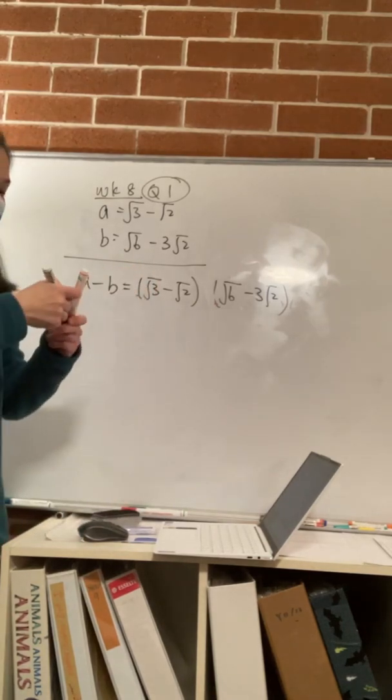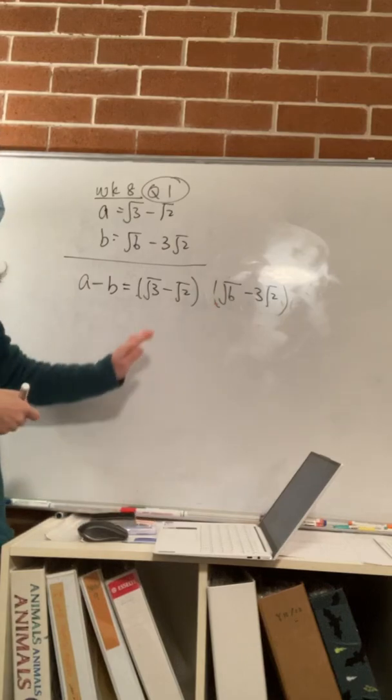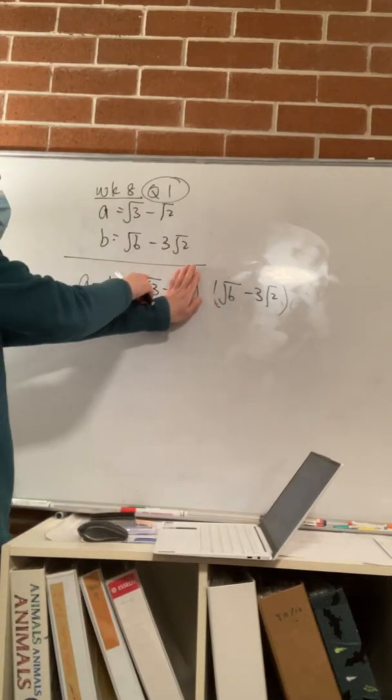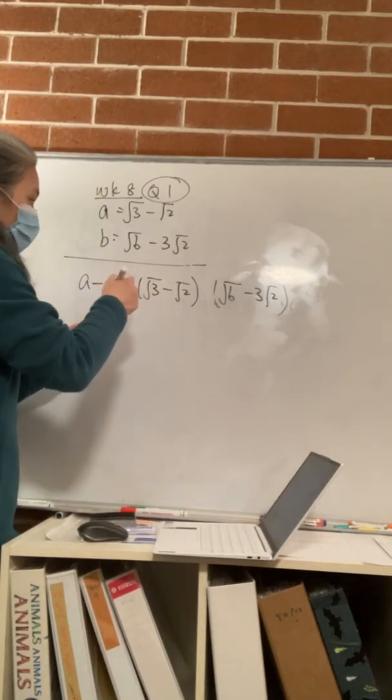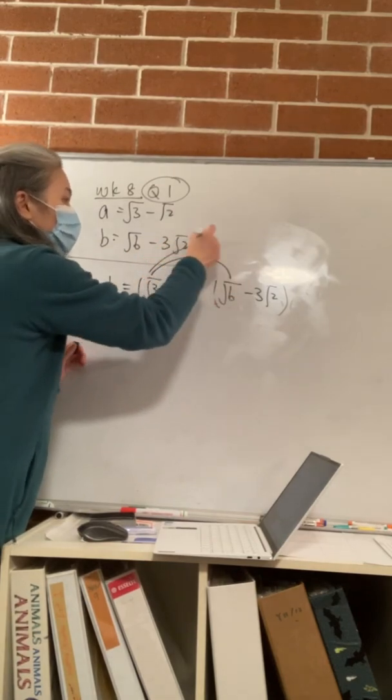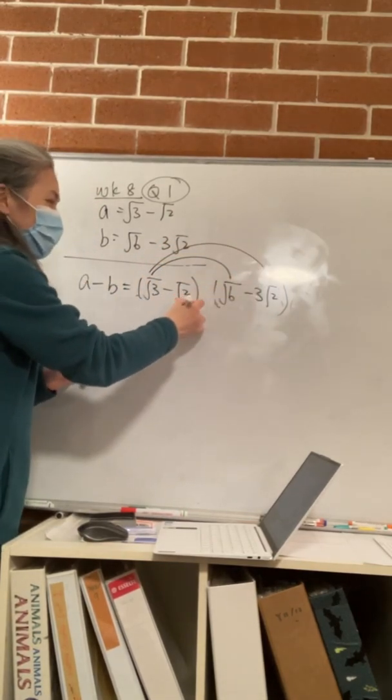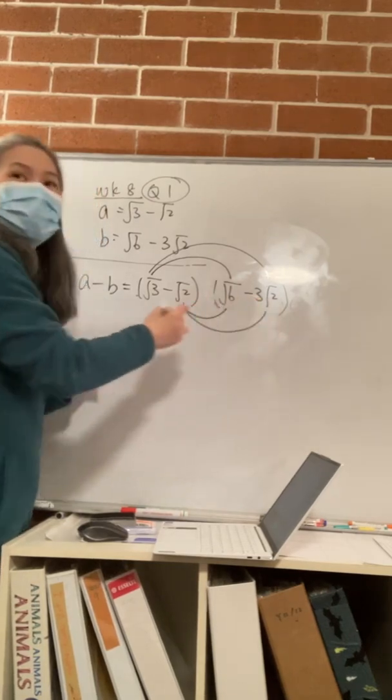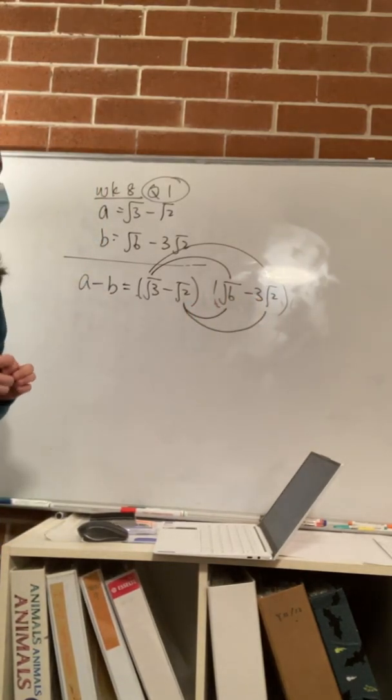Just do the like terms. You cover this one, then you times it. The first one and then times the second term and then do the same again. So it'd be root 18. Be brave, write it down. You know what root 18 is.